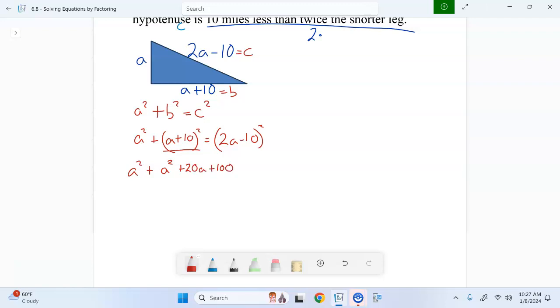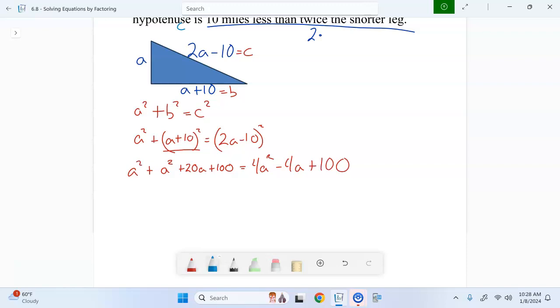And so we expanded that out. If you want to do it the long way, you could take a plus 10 times a plus 10 and distribute it all the way through, and that will give you the same answer. Then we can use the same process with the other side of our equation. So we get 4a squared minus 40a plus 100.